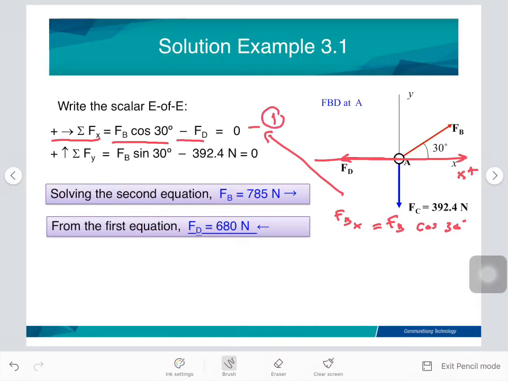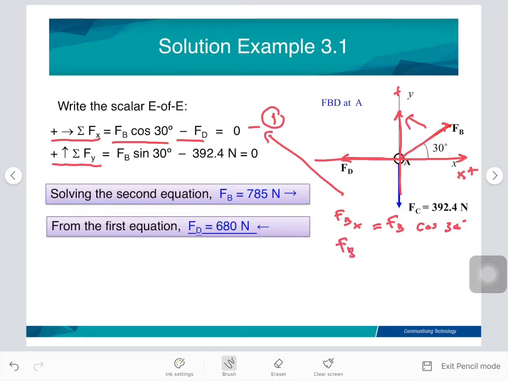Okay, next, we need to resolve all the force in Y. So summation force Fy positive upward here. So whatever force comes in opposite direction becomes negative. So we need to resolve this FB into Y component. So what is the FBY?